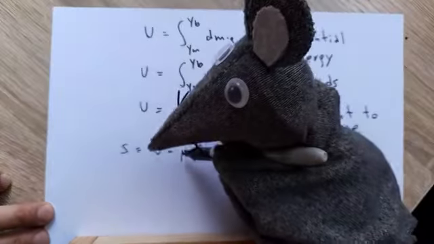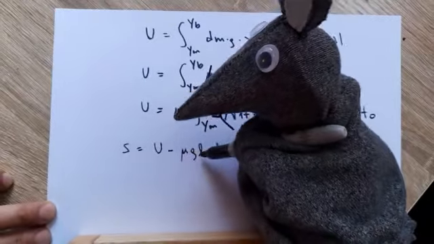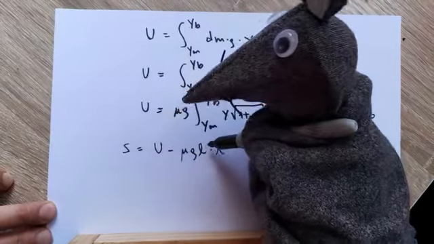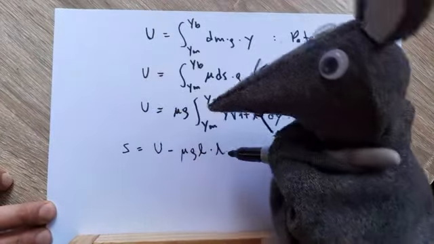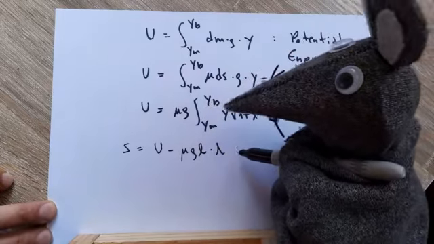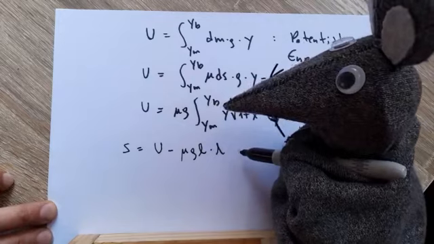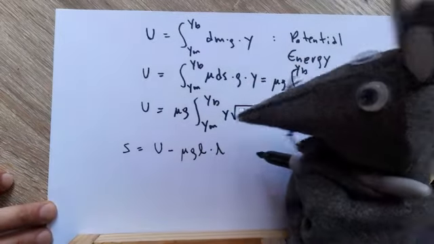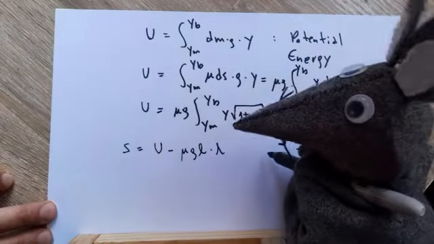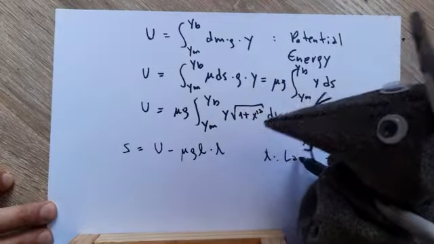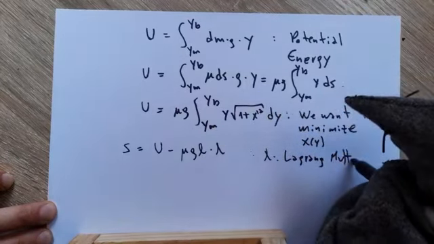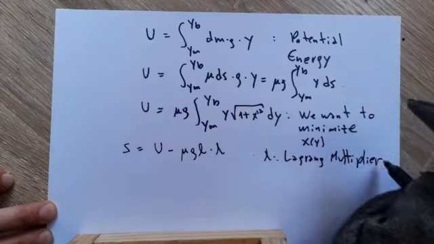We use this mu g here so that this expression has the same units as the potential energy. In this case lambda, the Lagrange multiplier, must have units of distance.